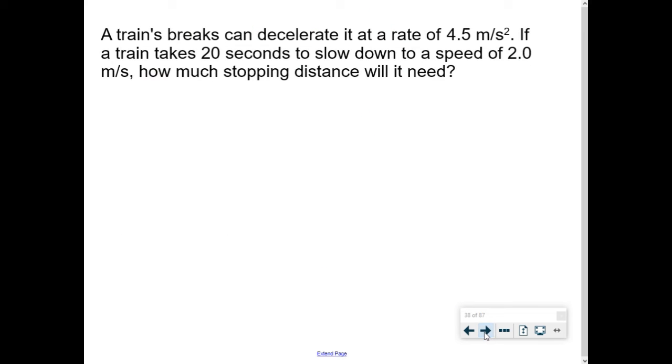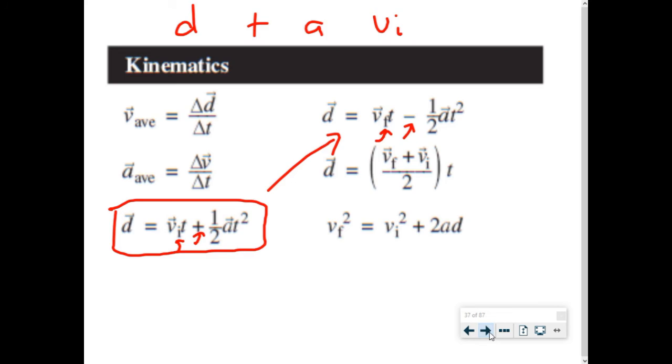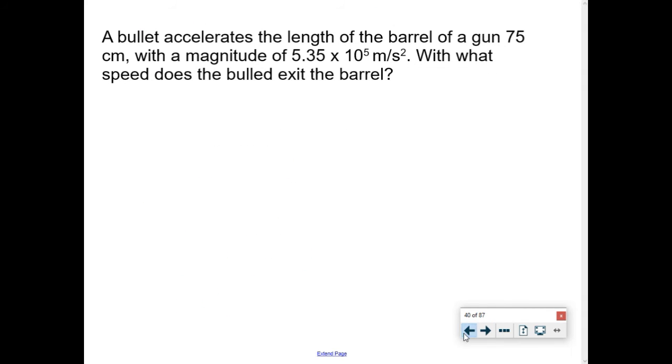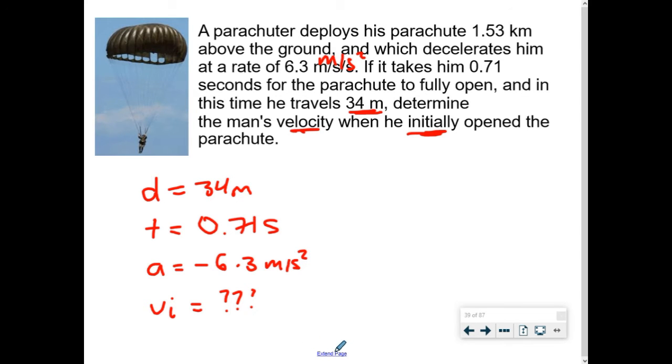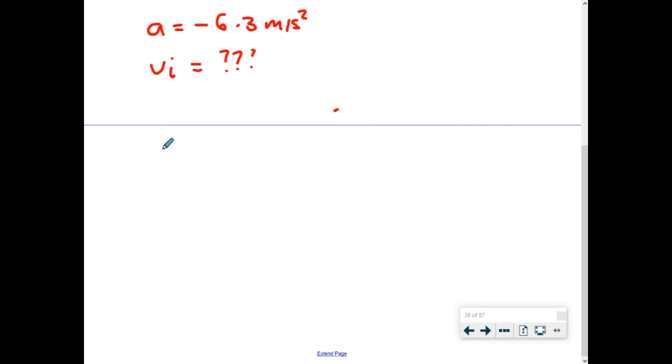So, what I like about doing this one here then is, where are we going here? This slide here. There we go. Is that I'm basically using the exact same formula structure. D equals VIT plus 1/2 AT squared.